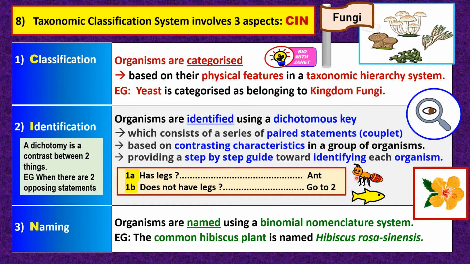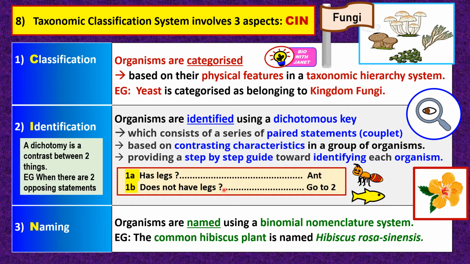Usually, if there are three organisms, let's say an ant, a fish, and an earthworm grouped together, how do you identify each organism? By using a dichotomous key. The word dichotomous means a contrast between two things, so there are two opposing statements here.